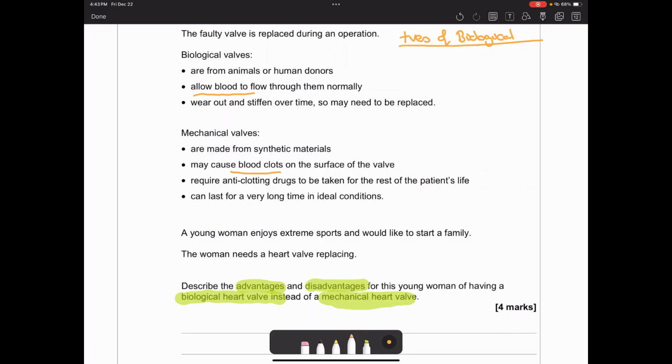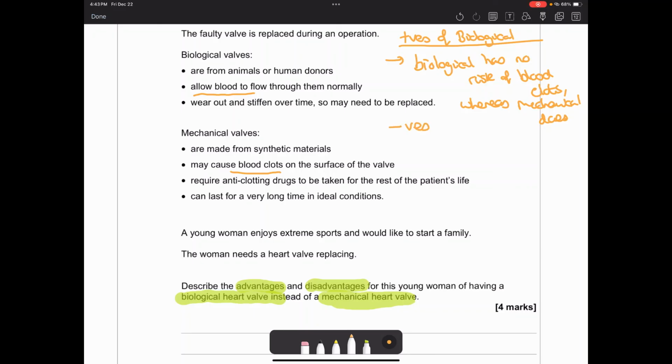So I would say a clear positive would be that biological has no risk of blood clots. Okay, so that's one clear advantage, and you could compare it by linking mechanical, whereas mechanical does.